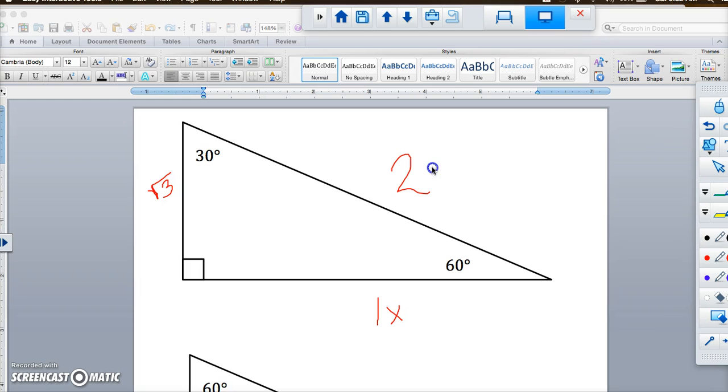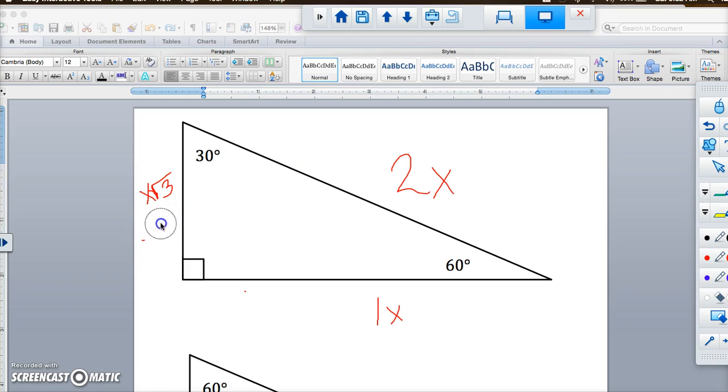The hypotenuse is going to be equal to 2 times x. And the side opposite of the 60-degree angle is going to be equal to x times the square root of 3. They're all based off of this side. So if I decide to say that this side is 3, that means this side is 2 times 3, so it's 6, and this side is 3 times the square root of 3. It's that simple.